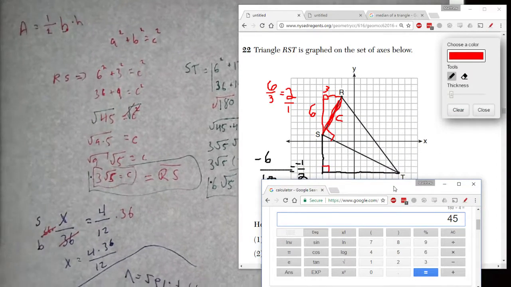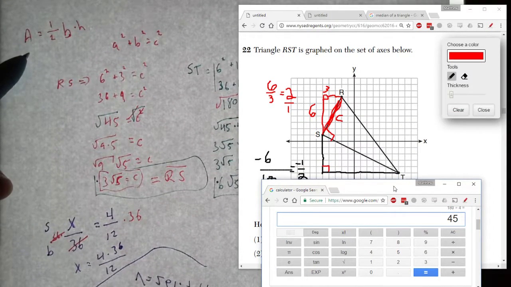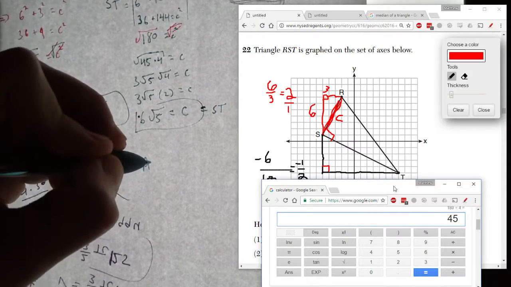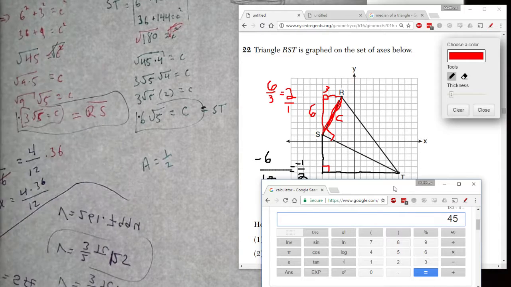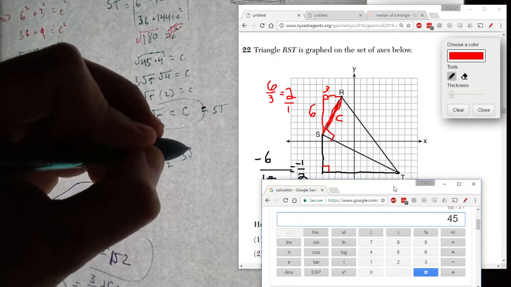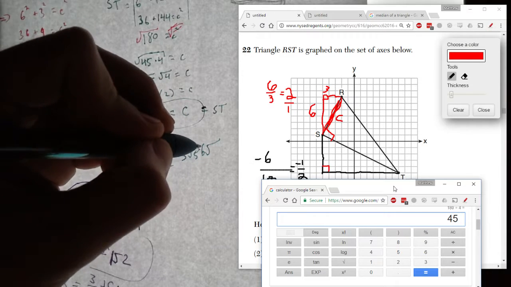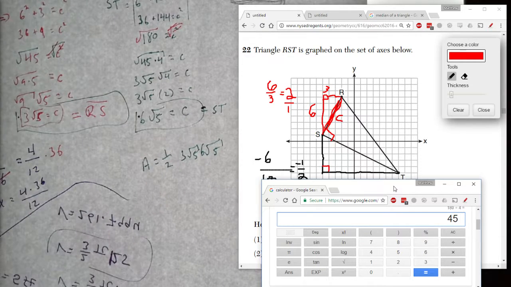What I'm going to do now is come back to my area formula, and I can finally plug in. Area is equal to 1/2 of 3 root 5 times 6 root 5.